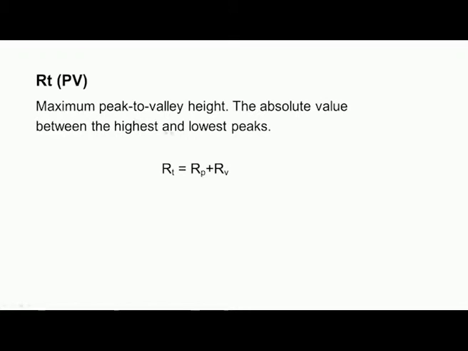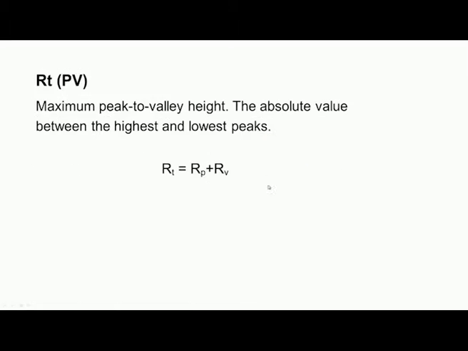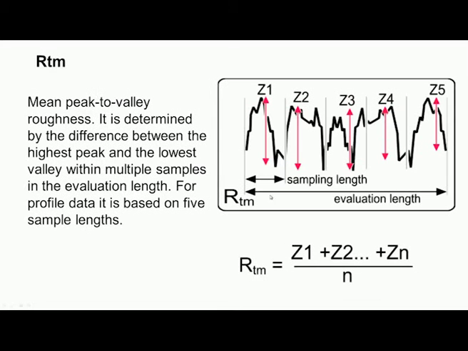And then Rt, this is maximum peak to valley height, the absolute value between the highest and the lowest peaks. So, Rt is equal to Rp plus Rv. When we add these two, we get Rt value.